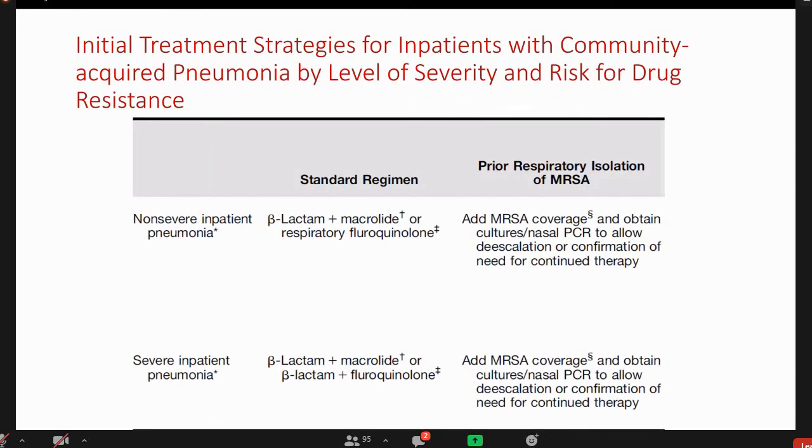For non-severe inpatient pneumonia, the standard regimen is a beta-lactam plus a macrolide, or you can use a respiratory fluoroquinolone alone. And for severe inpatient pneumonia, a beta-lactam plus a macrolide or a beta-lactam plus a fluoroquinolone combination. These are the things for inpatients, and for labeling risk factors and drug-resistant organisms, what cultures have to be done.